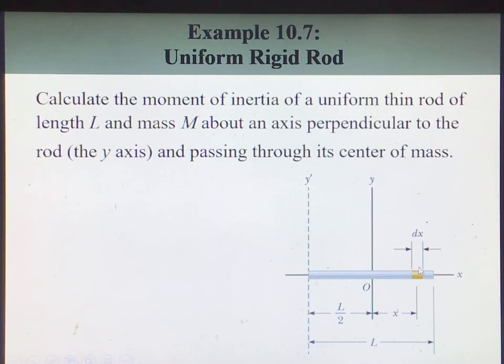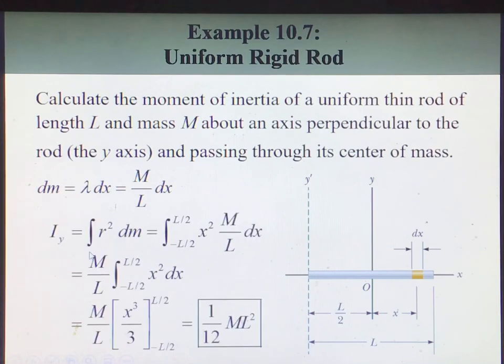The distance from my dx to my center is x. I know that my dm is given by lambda times dx, which equals M over L times dx.